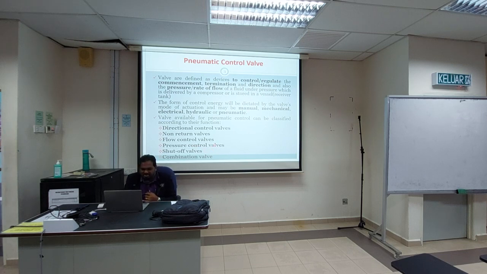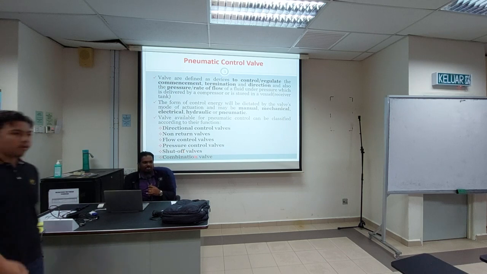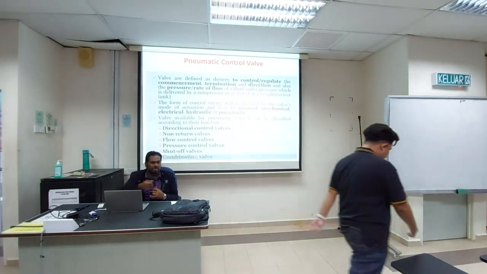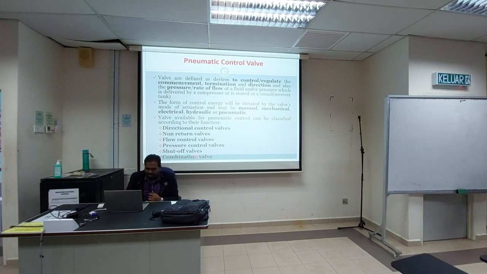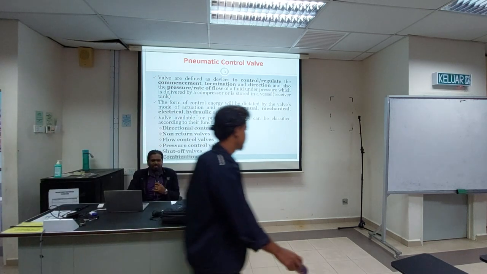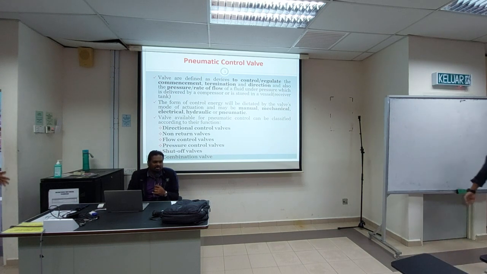Okay, so you have specific valves. Shut off valve means you want to close. If you want to disconnect the circuit, you can use a shut off valve. Or you have a combination valve. For combination valves, we have one special valve called the time delay valve.